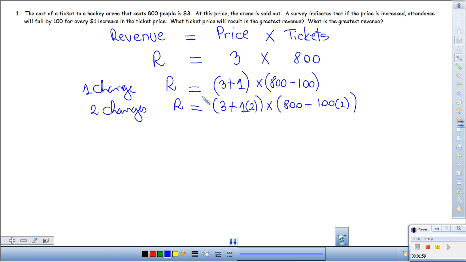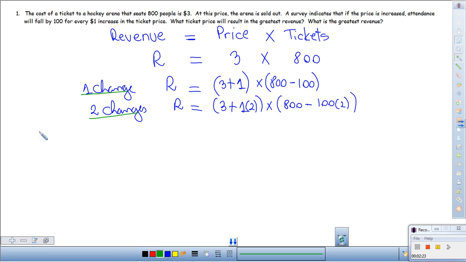Now if I look at all three equations, my initial variables stay the same. The $3 price stays the same. The 800 number of tickets stays the same. The amount of the increase or the decrease stays the same. What changes is how many changes I apply.